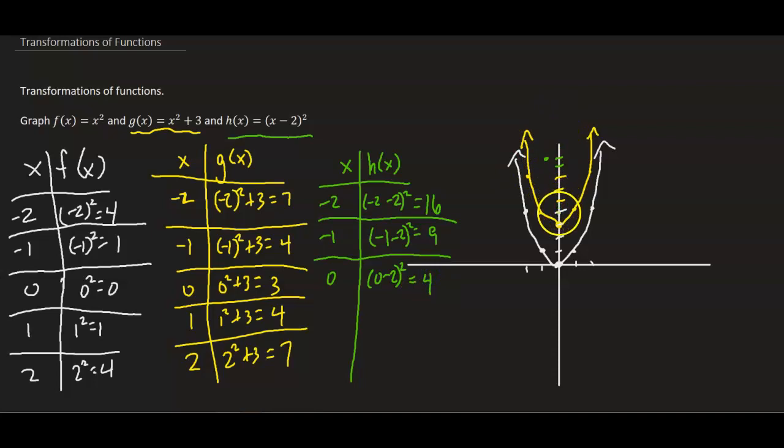So it would be 0, 4, 1, 2, 3, 4, right there. 1 minus 2 squared is a -1, and -1 squared is a 1, so that would be here. Then 2 minus 2 is a 0, and 0 squared is a 0, so that's going to be here.